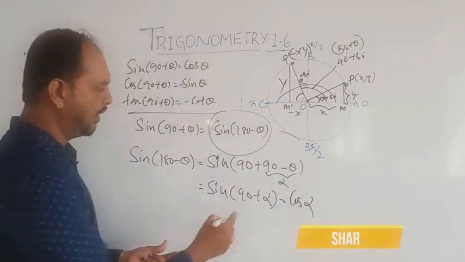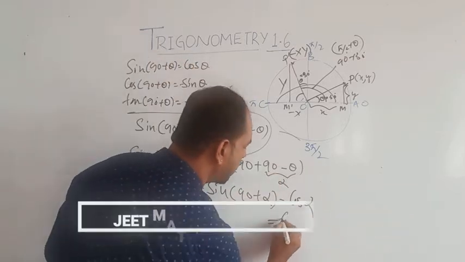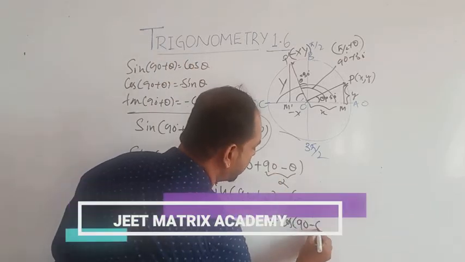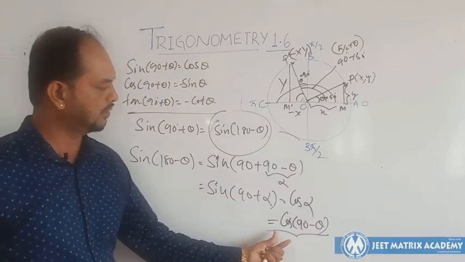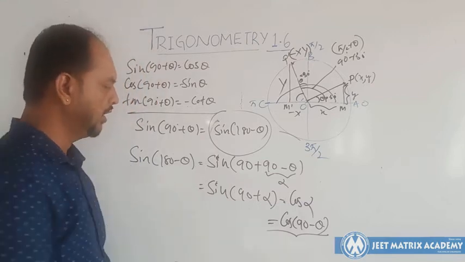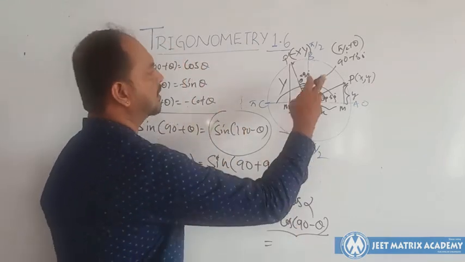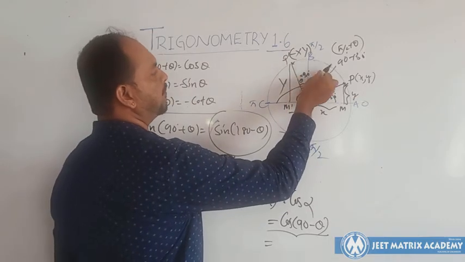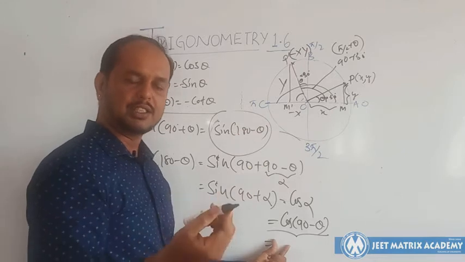Am I right? Now replace alpha with 90 minus theta. So cos of 90 minus theta. What will you get? cos(90 − θ) is in the first quadrant. In the first quadrant everything is positive.